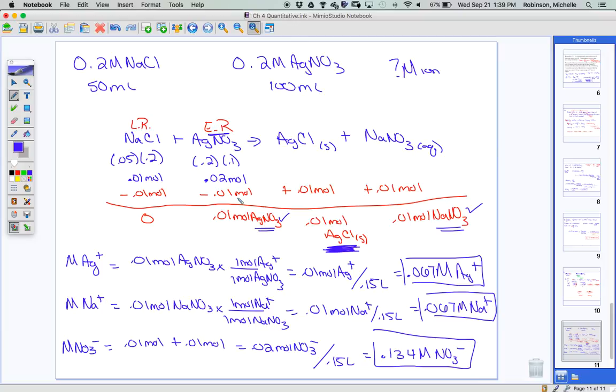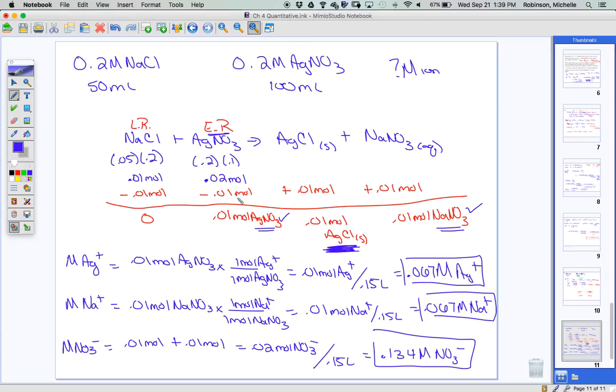There's no chloride ions because all of them got used up in the solid, so they're all sitting at the bottom. But because all the silver did not get used up because it was an excess reactant, there's still some silver ions floating around in solution. So we have to have that concentration, and that's just what's left, right?